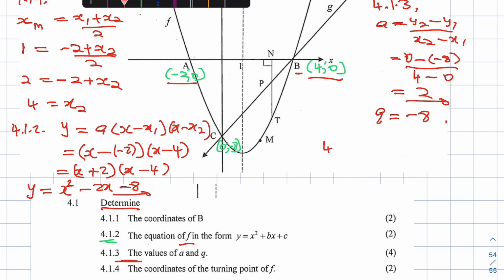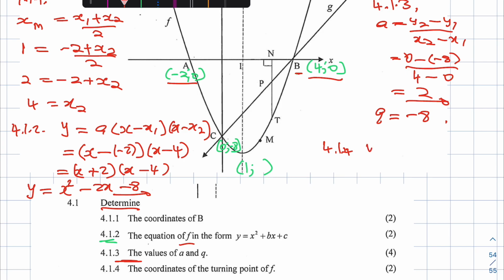Next question, 4.1.4. Determine the coordinates of the turning point of f. So we have the equation of f, but you already know the x of the turning point, which is 1. So I just substitute 1 into this equation. So the coordinates so far, x is 1, we are looking for y.